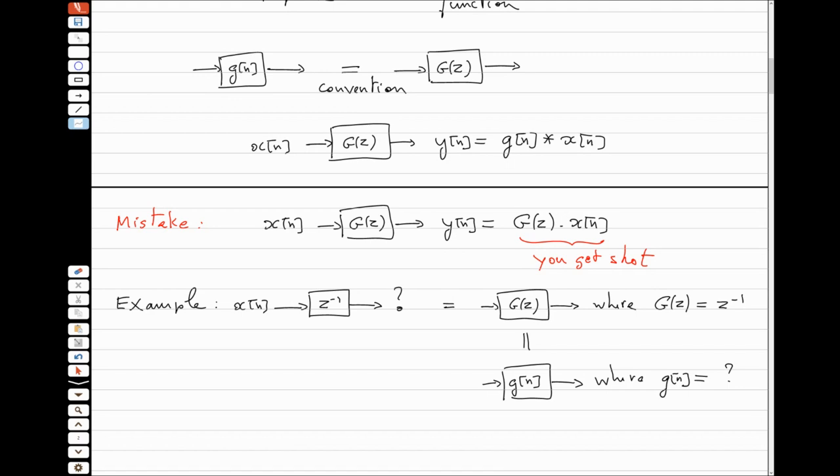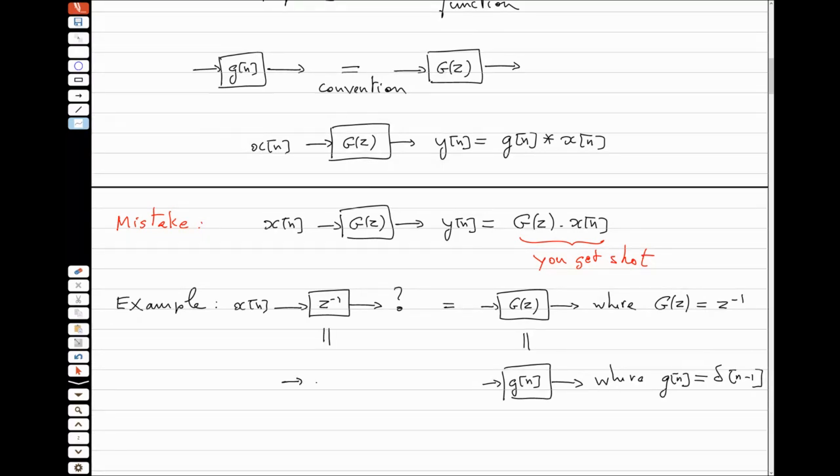I understand, but this is wrong. Delta n minus n naught? There's no n naught here. Okay, z inverse, you get shot, because the question is in the time domain. X of n minus 1, no. It's all wrong. Yes. Delta of n minus 1.